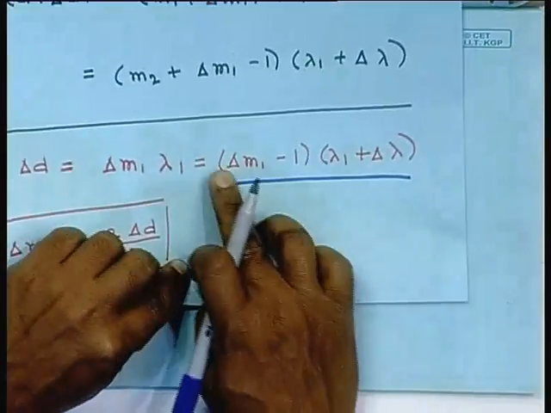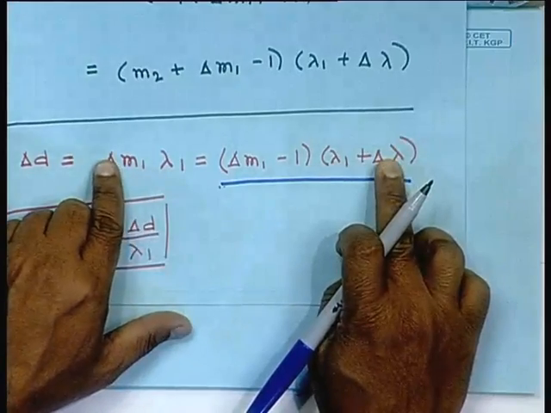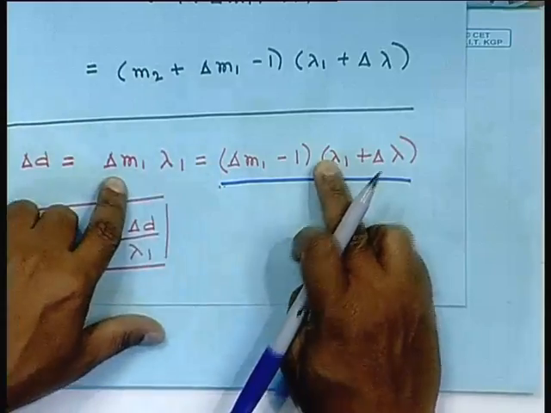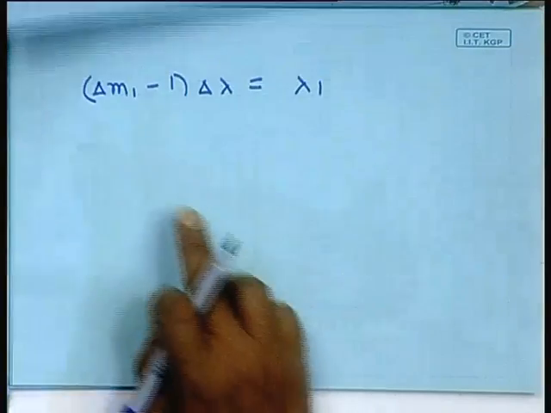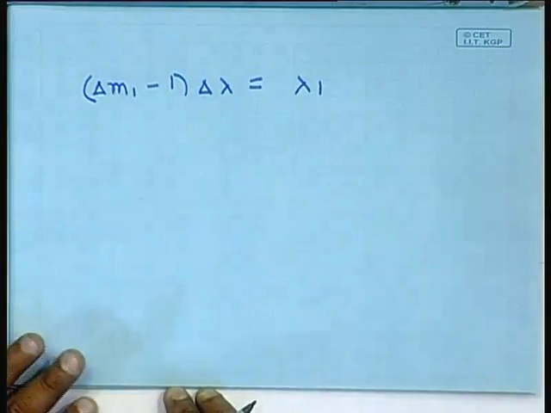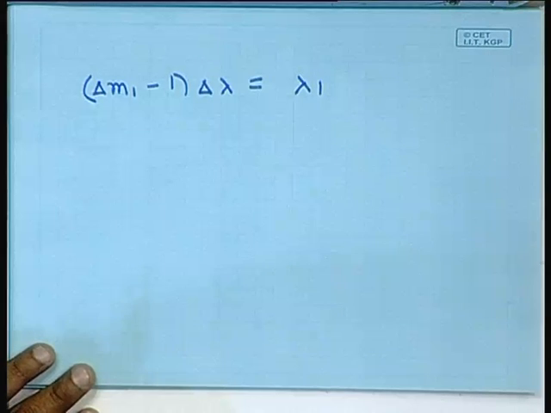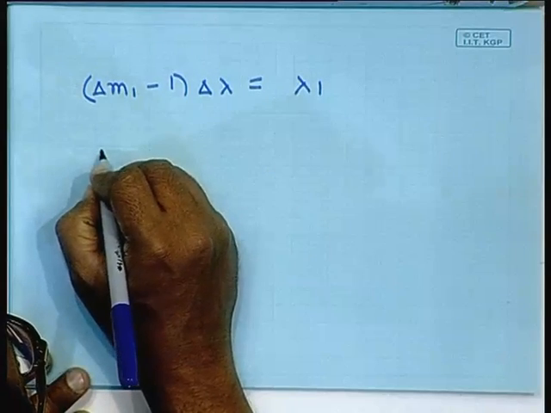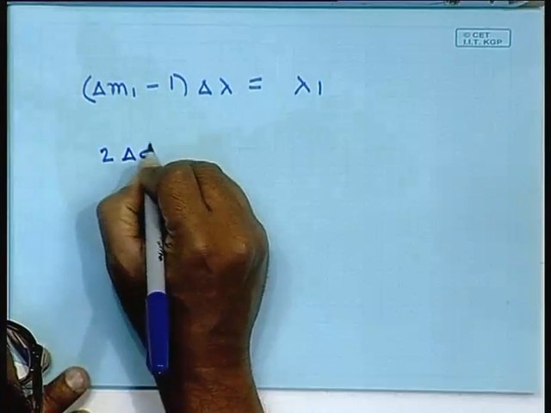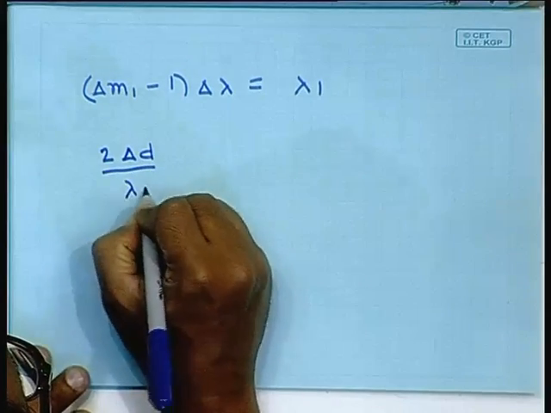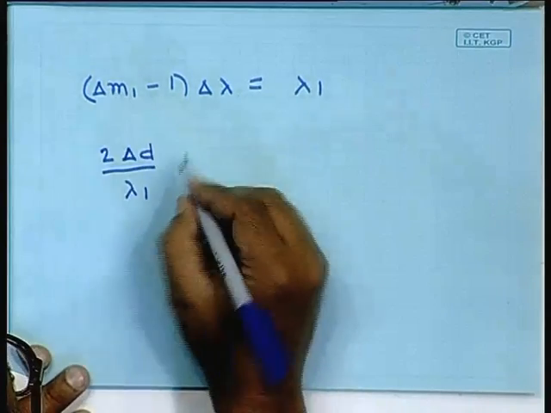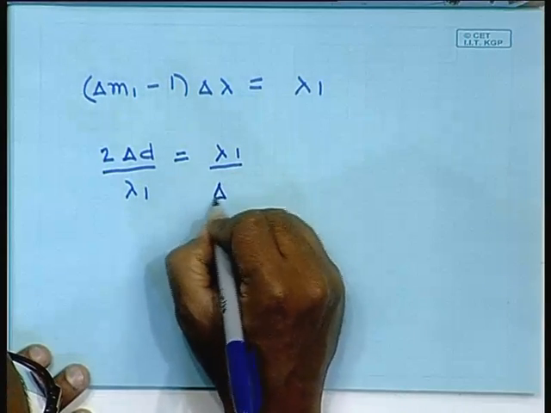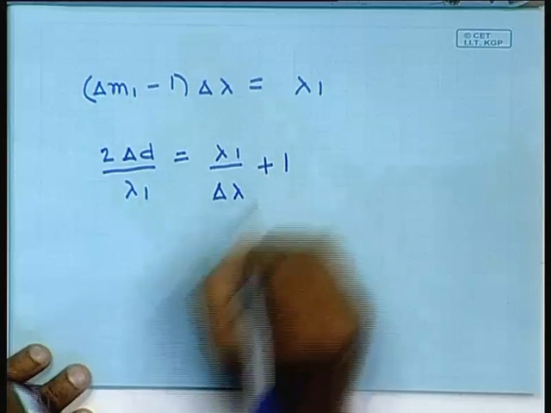I have just rearranged the terms after having cancelled out the term delta m1 into lambda 1 from both sides. This is what I get, and we could write this as 2 delta D by lambda 1, this is delta m1, is equal to lambda 1 by delta lambda plus 1.